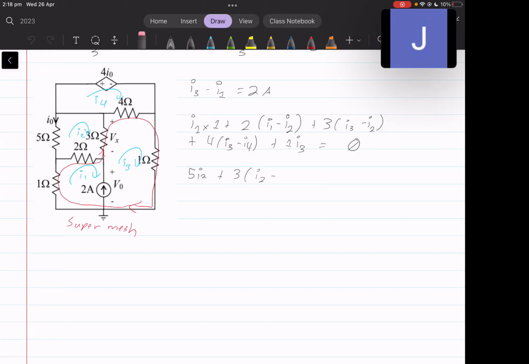Either minus 3 I2 minus I3 or minus 3 I3 minus I2. So if you wanted to do that, you'd actually move it to the other side. Because on the left-hand side is everywhere there's a voltage drop. And on the right-hand side, we can put everything where the voltage is increasing, so it should be negative if the voltage is increasing.